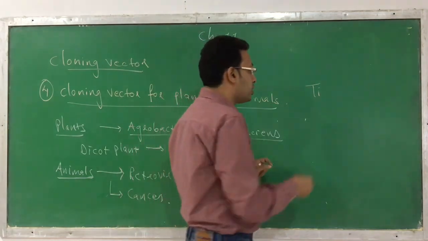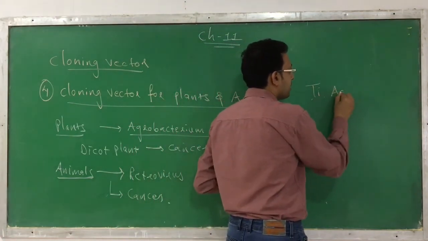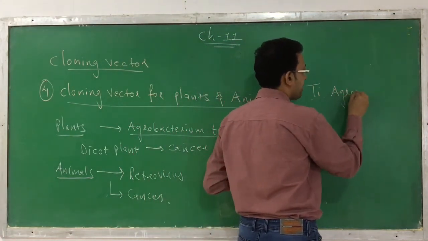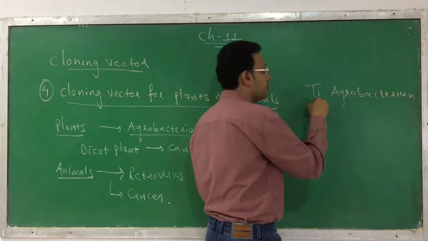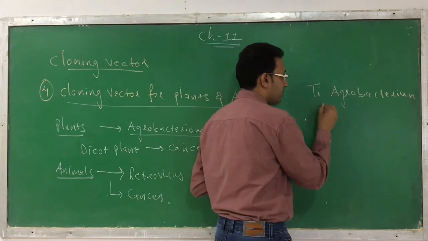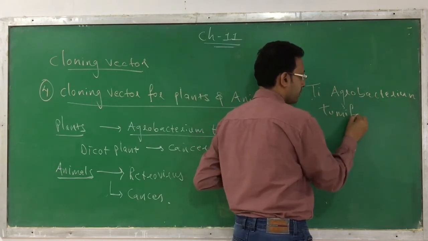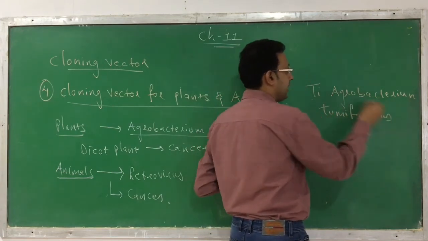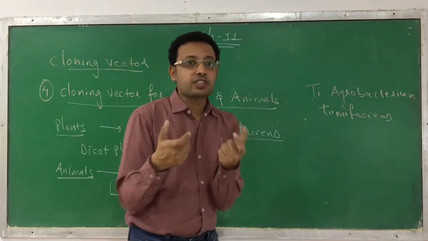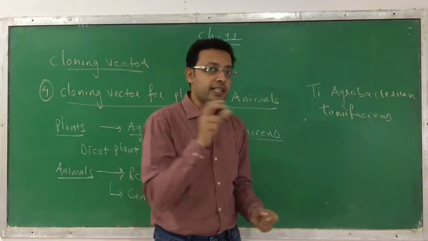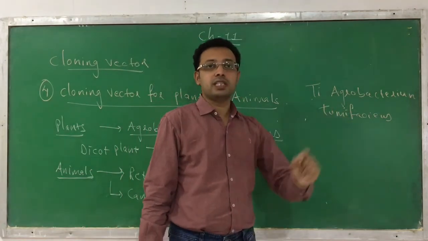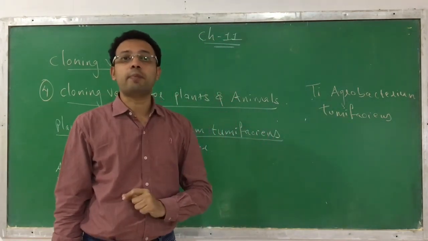You have to remember the tumor inducing gene of Agrobacterium tumefaciens. TI means tumor inducing. Here the gene responsible for cancer has been removed and then the desired gene is attached, so it is used to deliver a gene into a plant.